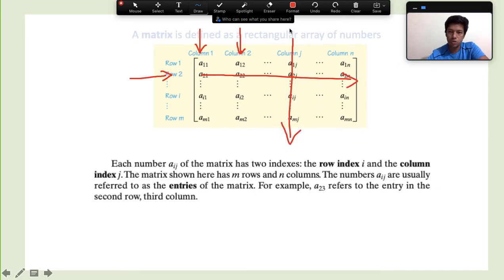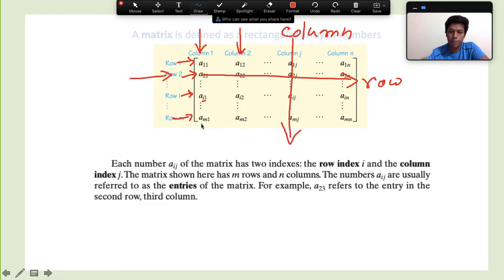We'll spend a lot of time on them, so you need to look at them very carefully. Suppose this is row 1, then this is row 2. In this case, this is row i, because it is written as i here.